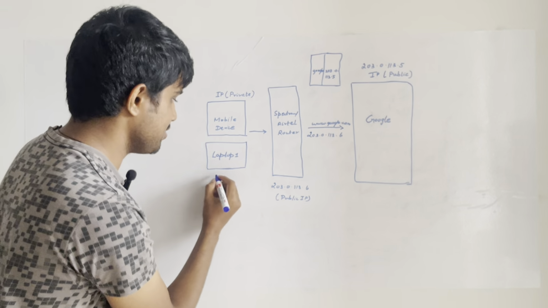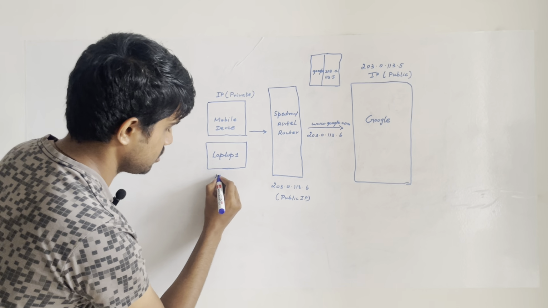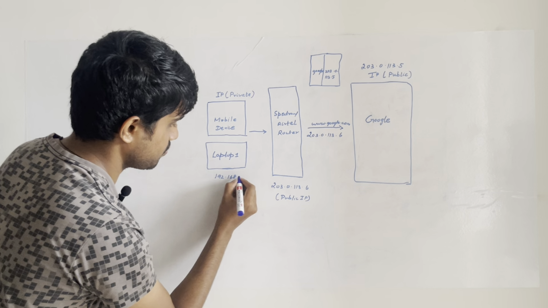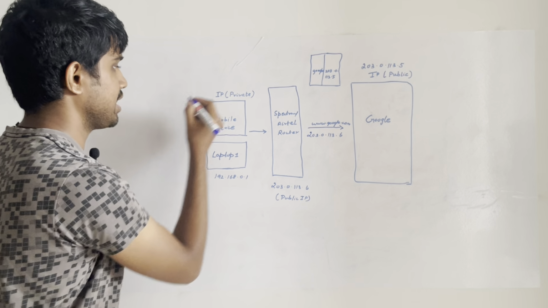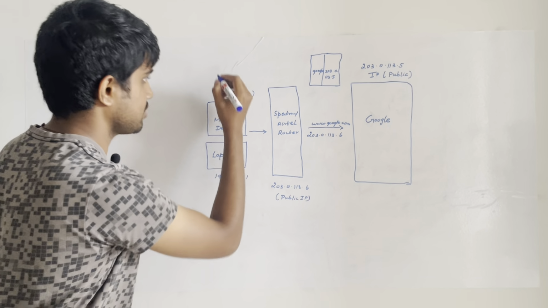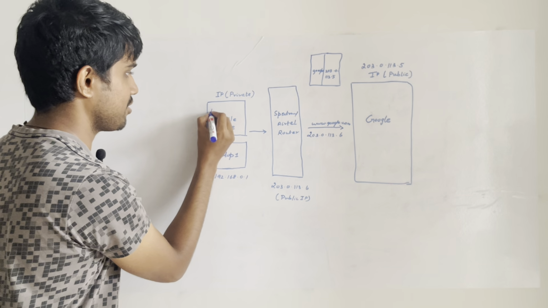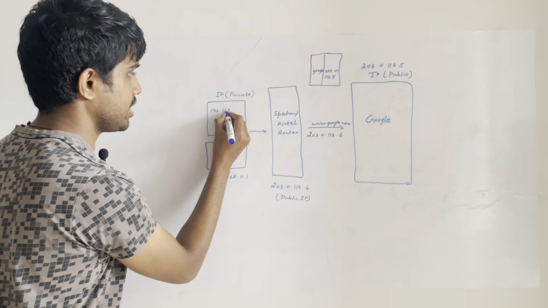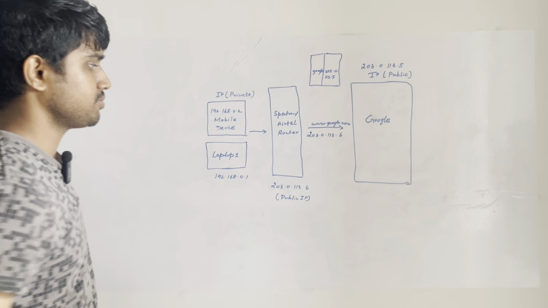For example, let's give an IP address, right? 192.168.0.1, and your mobile can have something like, okay, I'll draw it, 192.168.0.2, right?